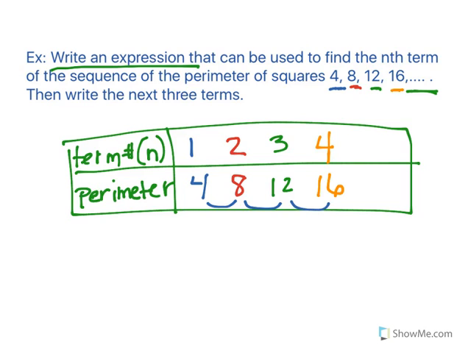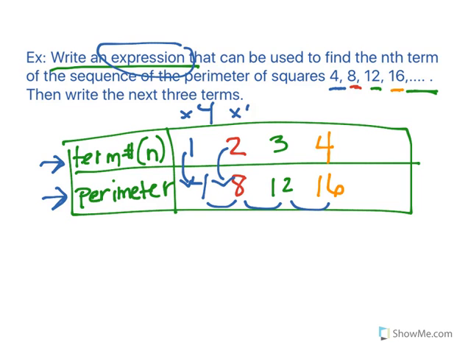We can see that. But in this case, because we're looking for that expression, we're looking at the relationship between the number of terms and our perimeter. So how do we go from the term to the perimeter? So let's see, how do we go from 1 to 4? Oh, I have to multiply by 4. How do I go from 2 to 8?